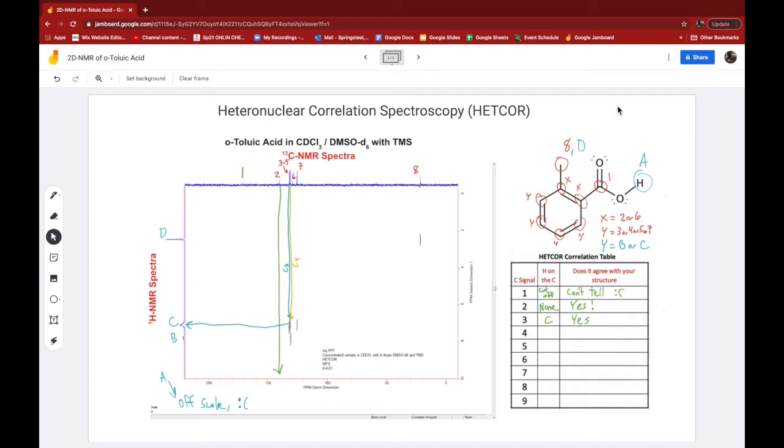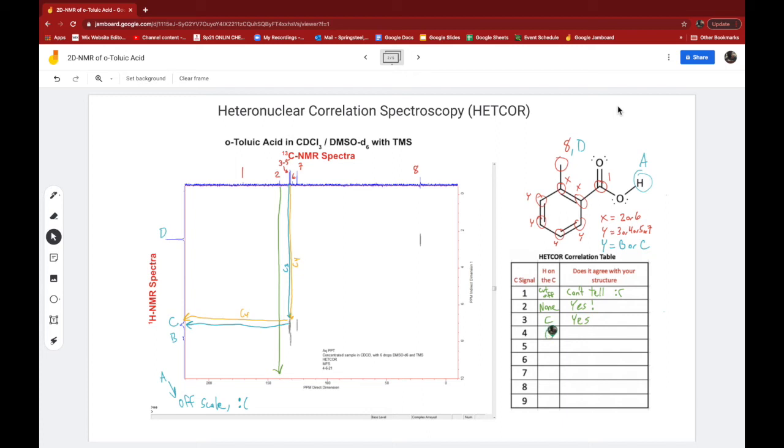And then I'm going to say C4, I think it also corresponds with the C there, huh? So I will say C4 looks to correspond with C as well.